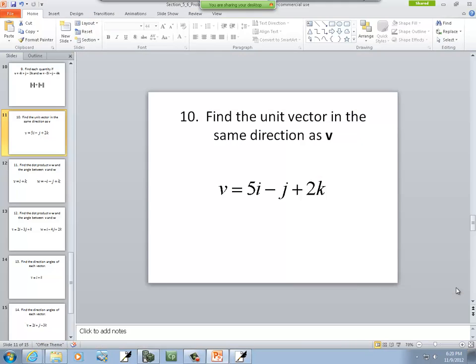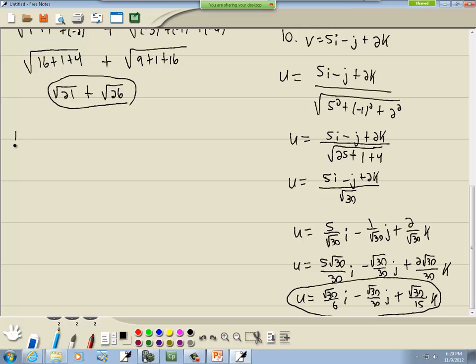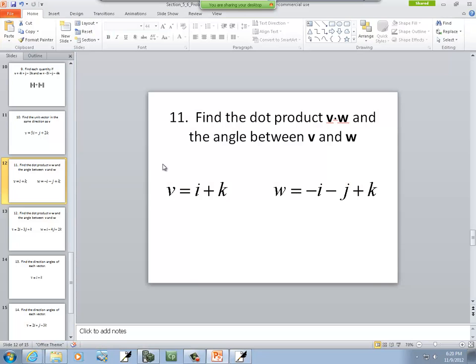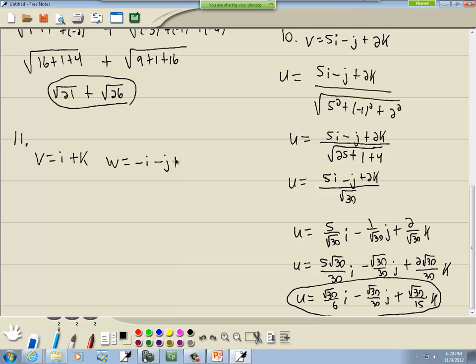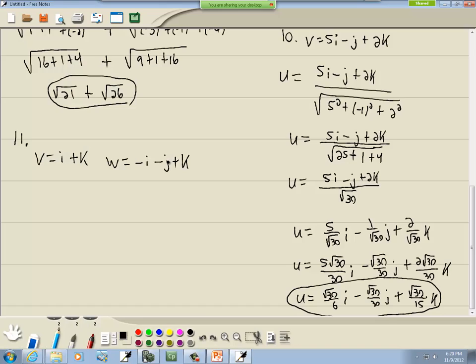Yeah, I don't think I have room for the next one. Yeah, maybe I do. Dot product. V is equal to i plus k, and W is equal to negative i minus j plus k. And it says find the dot product and the angle between them.